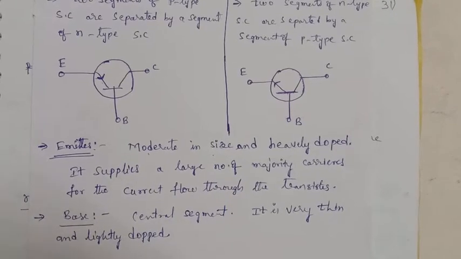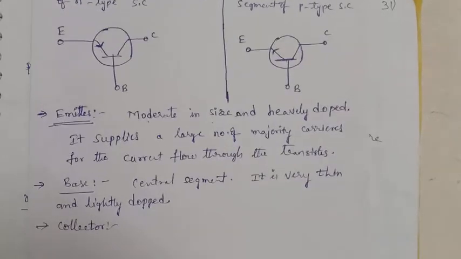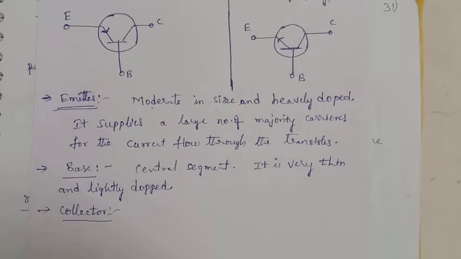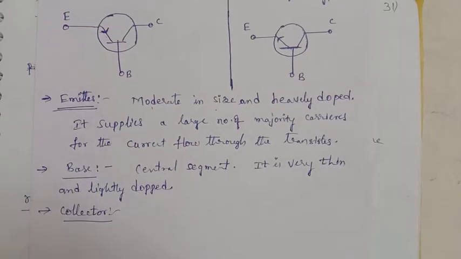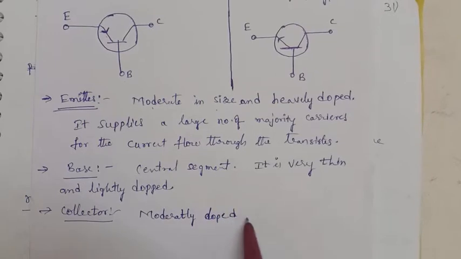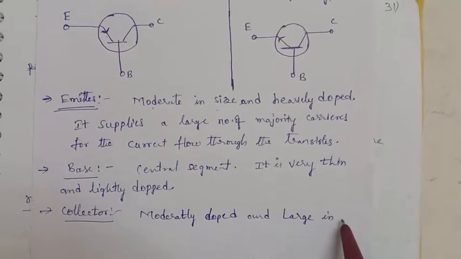And the third terminal is called the collector. Collector. It is moderately doped and large in size.